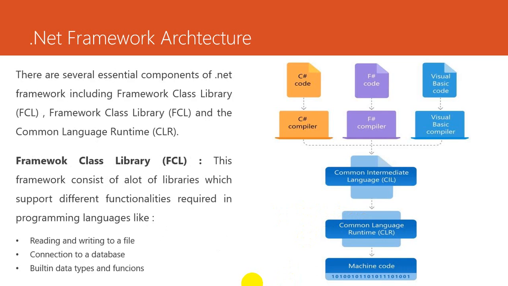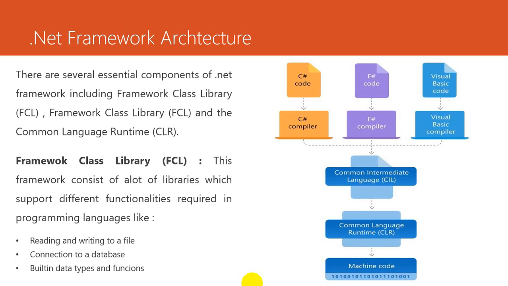Similarly, another component of the .NET framework is the FCL, the Framework Class Library. It is basically a library of already built-in code which you import or include in your code, and use its built-in functionalities. For example, to write something on the screen, you simply write console.writeLine.